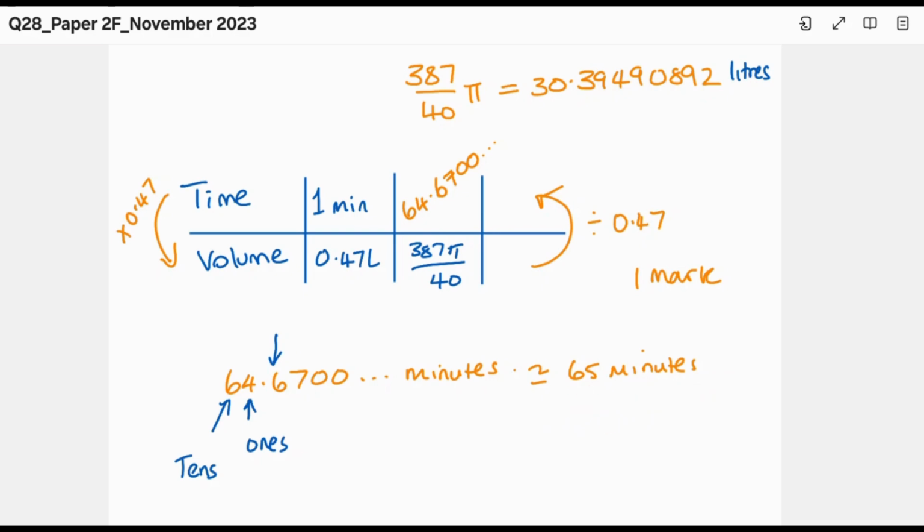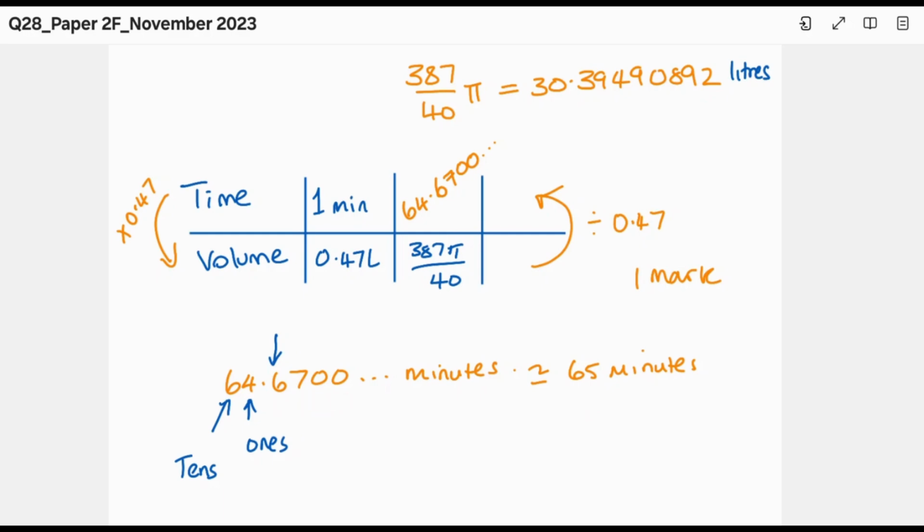In an exam, if you've done this bit wrong, say you've rounded it to 64, you will still get full marks because you've provided an answer that's more accurate than the required answer. So for this question here, if I'd put 64.6700, I would get full marks, right? Or if I'd rounded it wrongly and put 64, I would still get full marks because I'm showing this bit.